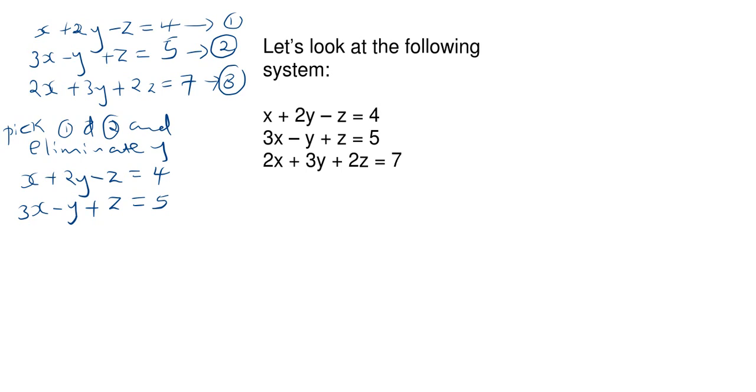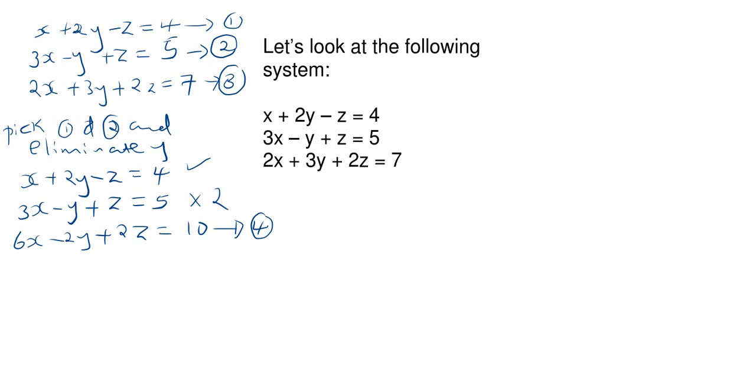So we shall multiply this equation by 2. We shall not interfere with this equation because we are targeting to get 2y. So when we multiply this equation, we shall have 6x minus 2y plus 2z is equals to 10. And this is a new equation. We can give it 4.